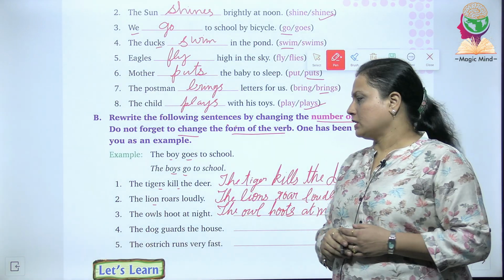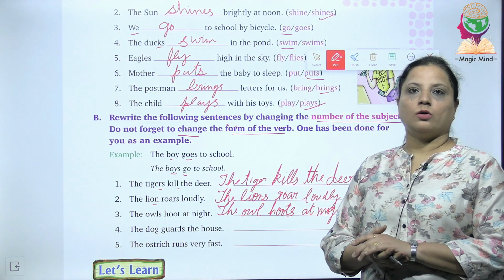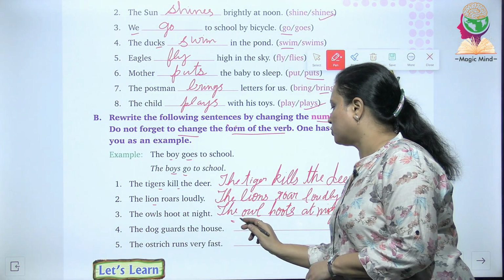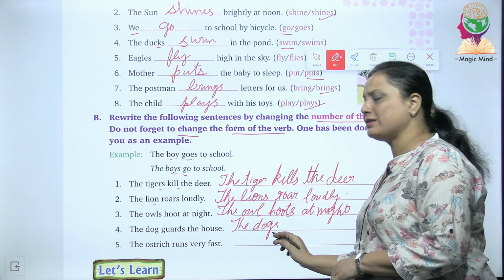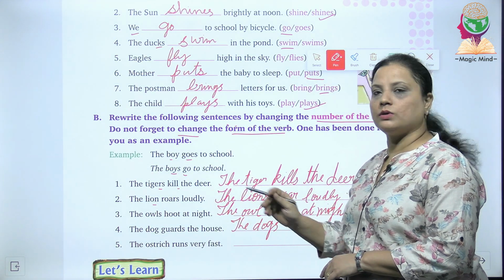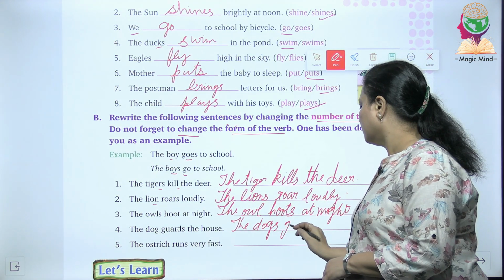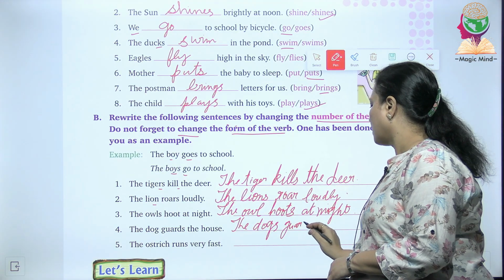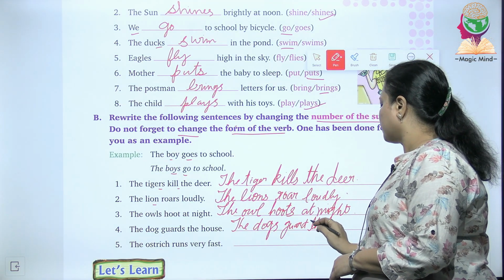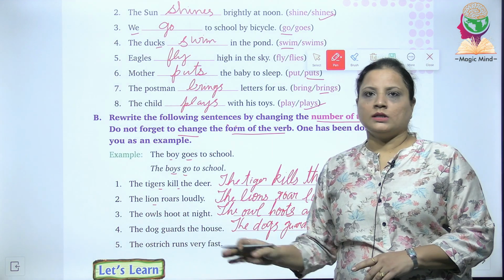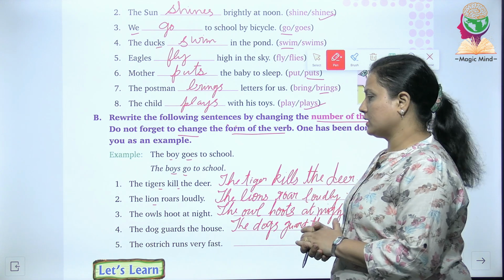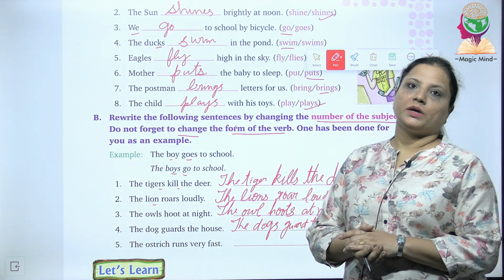Then the fourth one is the dog guards the house. Now the dog will be changed into the dogs. D-O-G-S, dogs. Guards will get changed into guard the house. Then the last one, that is the fifth one, is the ostrich runs very fast.